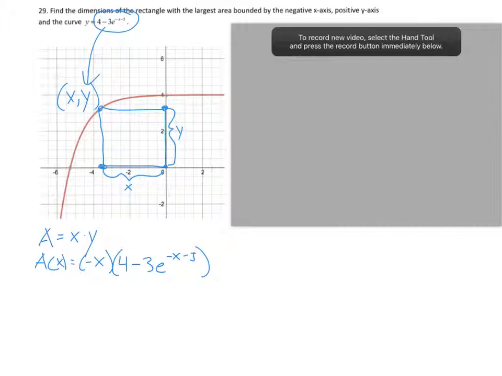So I go to graph. I delete my last problem.